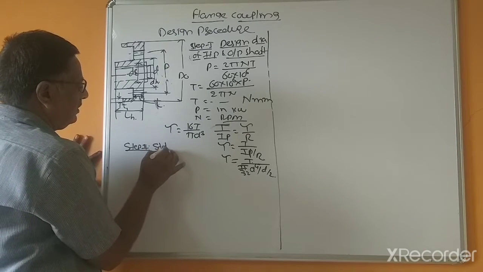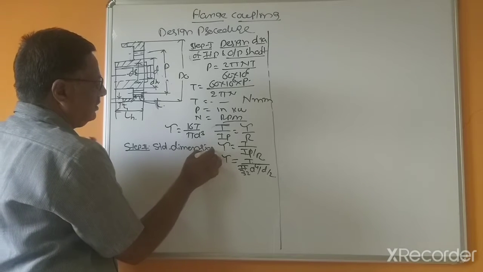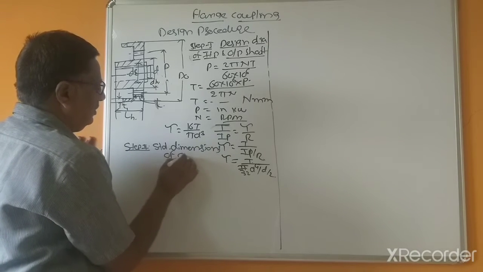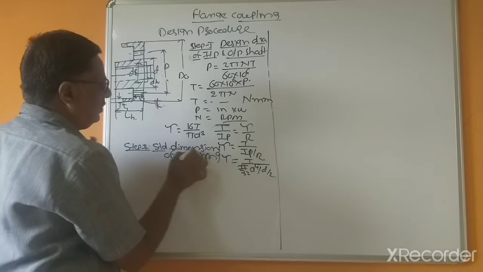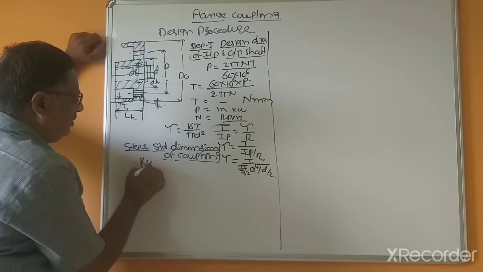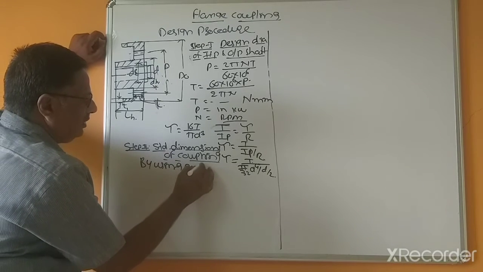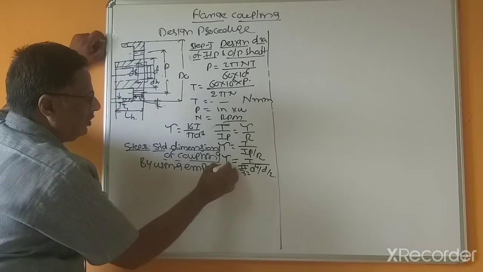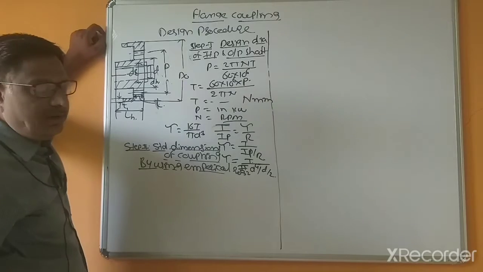Second step, standard dimensions of coupling by using empirical relations. This is important.